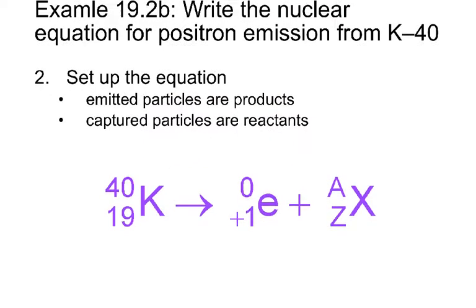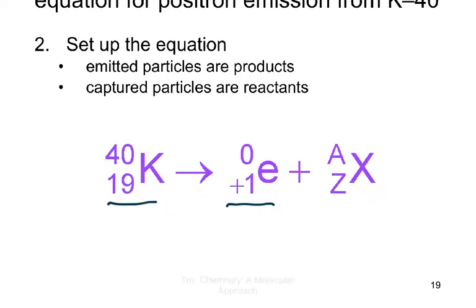So we can set up the equation. We are taking our potassium-40, we are ejecting a positron, and then we're going to become some other element. Now, the mass numbers and atomic numbers need to add up to the same thing on both sides. So our mass number, since this is a 0, is still going to be 40.